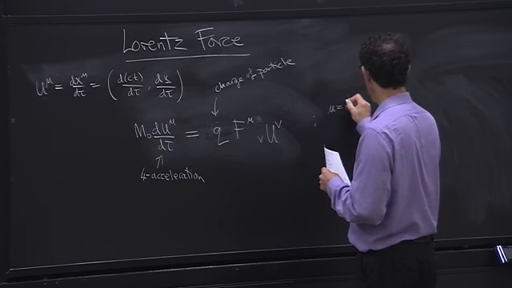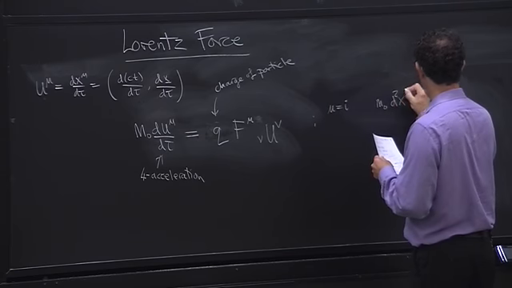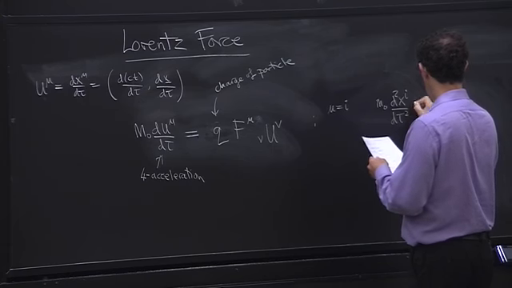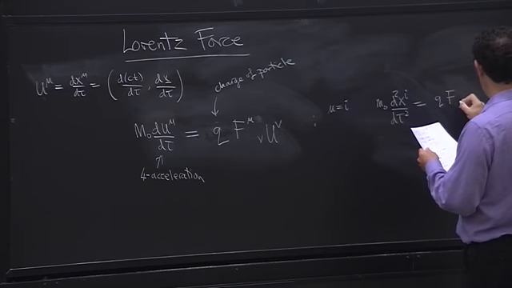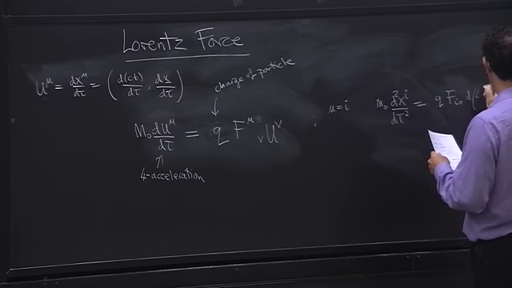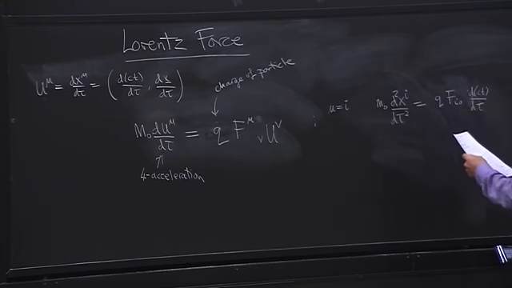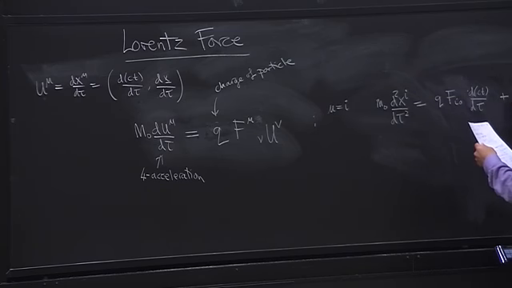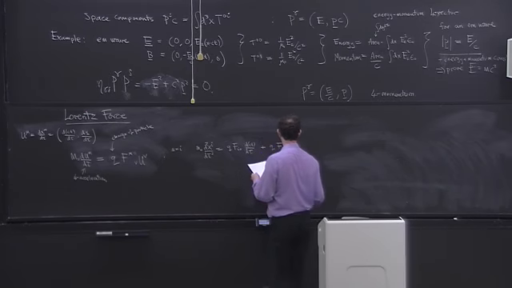If mu equals i, this reads m_0 d^2x^i/d tau^2 equals q F^{i0} u_0, where u_0 is d(ct)/d tau, plus q F^{ij} u_j.